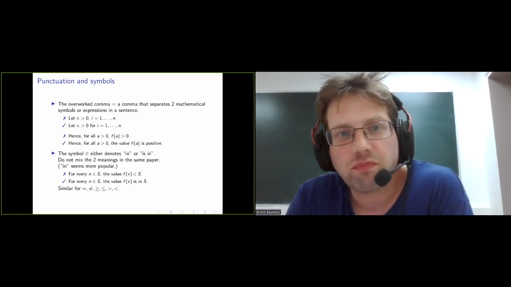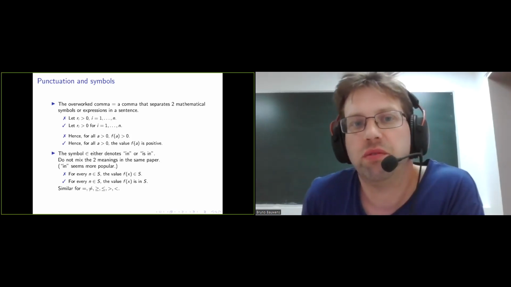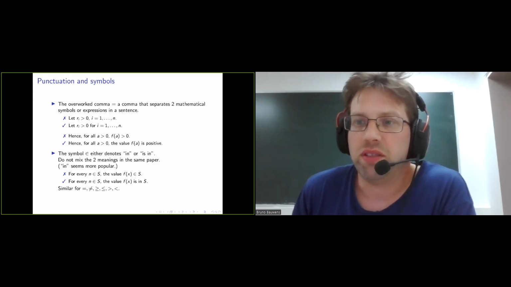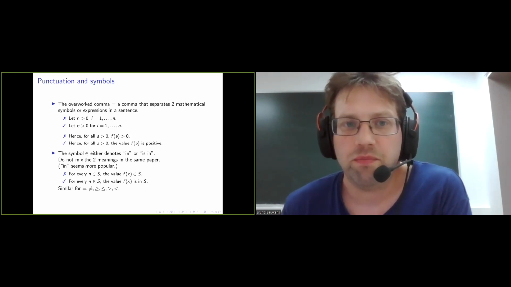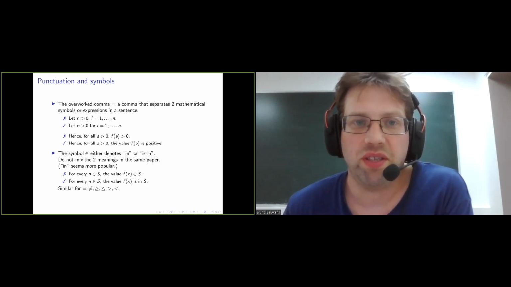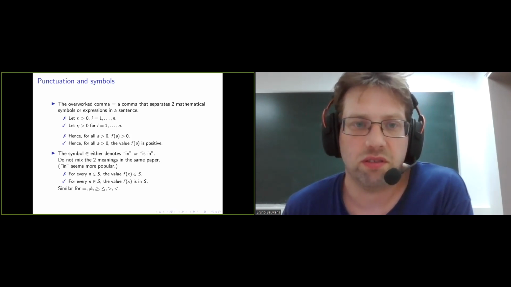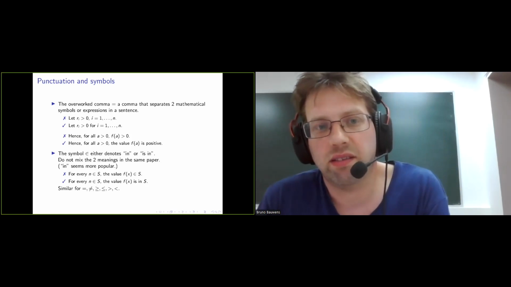Then a very common issue is called the overworked comma, but it's not a very bad issue. The comma is used to separate two mathematical expressions, but very often it becomes confusing, like in the second example.